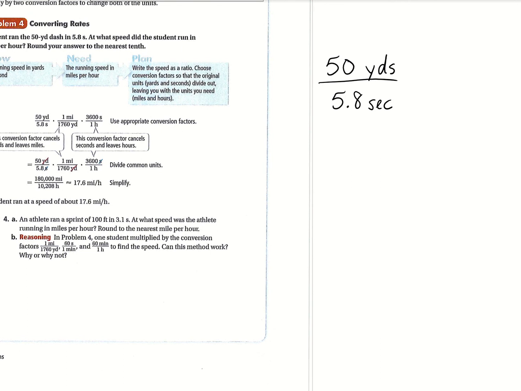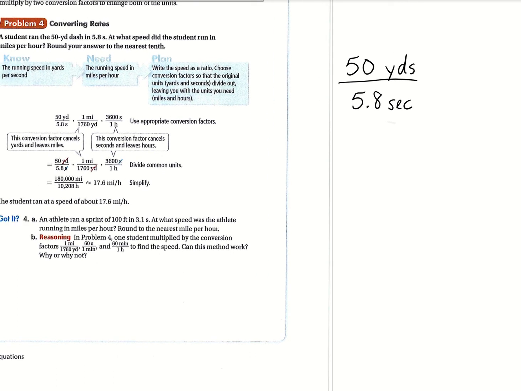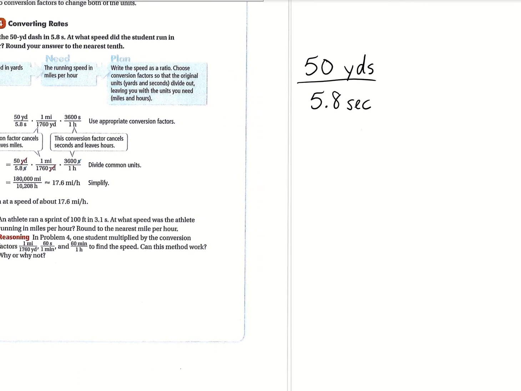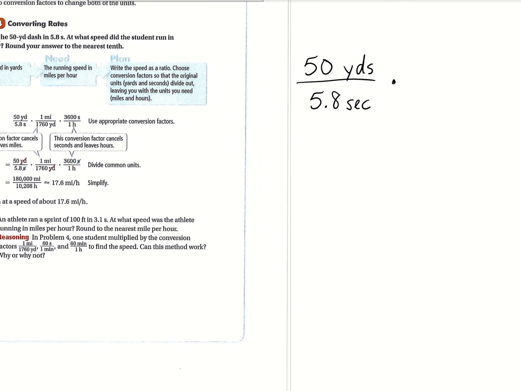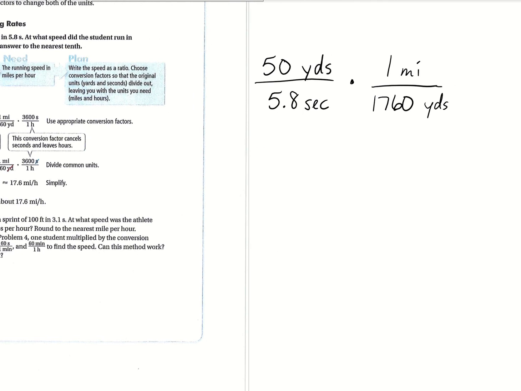All right. So we need to cancel out the yards. All right. They give us the conversion rate of 1 mile is equal to 1,760 yards. All right. So what that's going to do is that's going to cancel these two out.